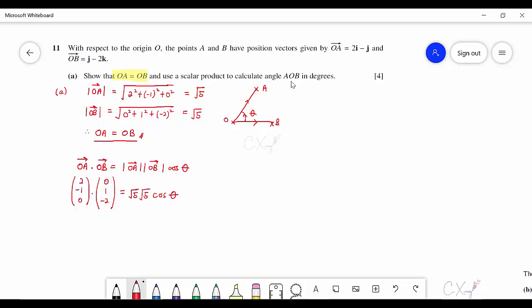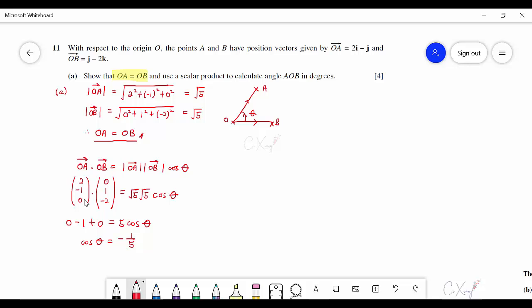Then multiply the i component with i, j with j, and k with k for the scalar product. On the left hand side, 2 multiplied with 0 gives 0, -1 multiplied with 1 gives -1, and plus 0 also. It equals 5 cos theta. So cos theta will be equal to -1/5.